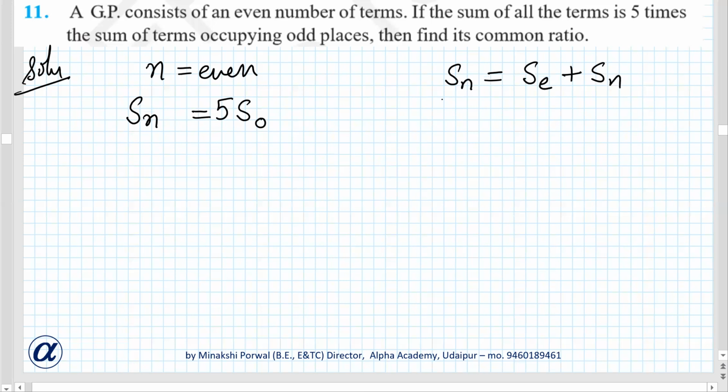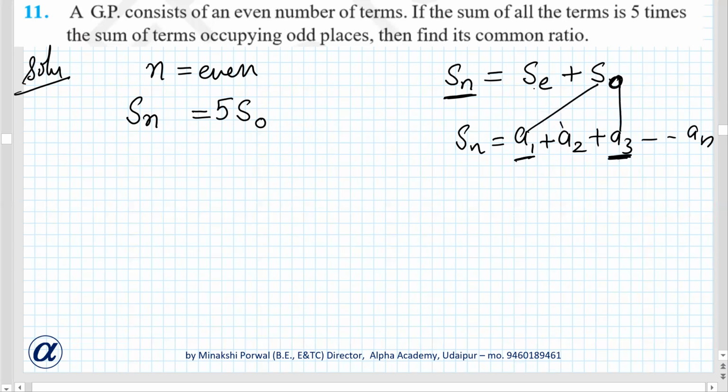Okay. जो सारी terms हैं या तो उसकी place even होगी या फिर odd होगी. Like Sn is equal to A1 plus A2 plus A3 up to An. Okay. So A1, A3, this all will come in odd number of terms.